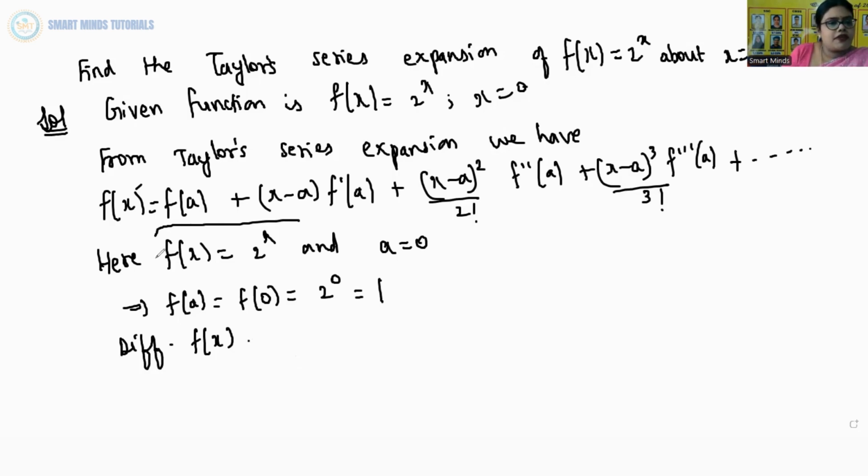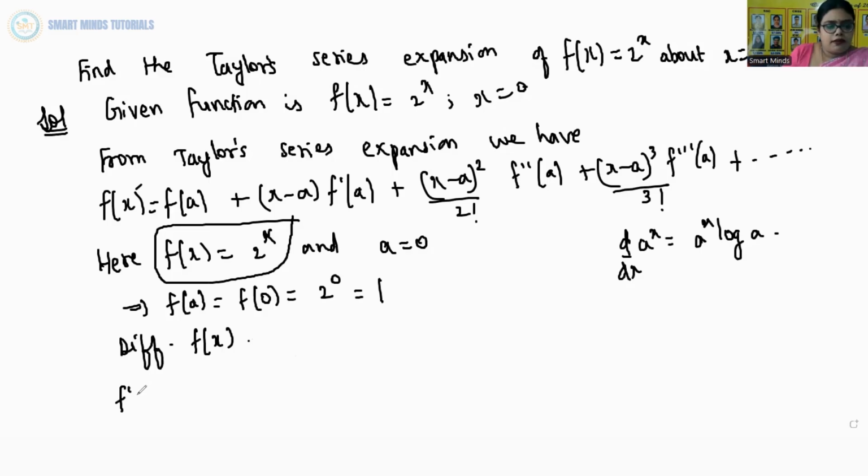See, this is f of x. We are differentiating this. What is the formula? D by dx of a power x is a power x log a. So when the base is a constant, we take a power x formula. When power is a constant, we take x power n formula. Got it?